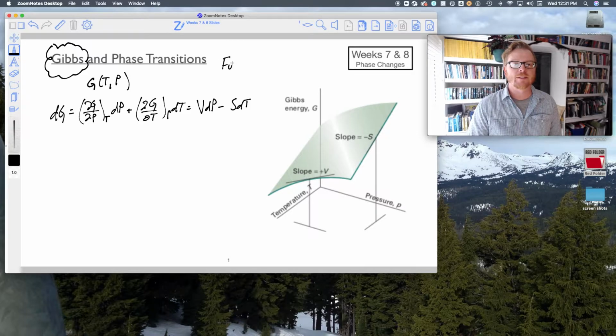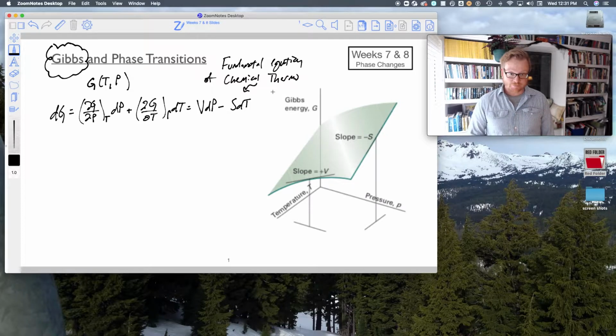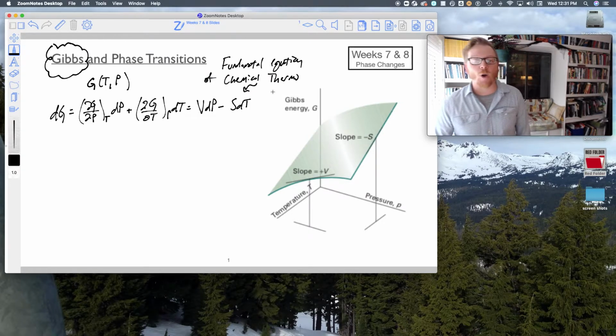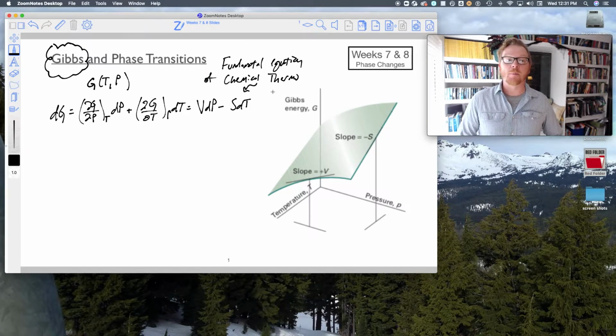Okay, so that's the fundamental equation of chemical thermo.